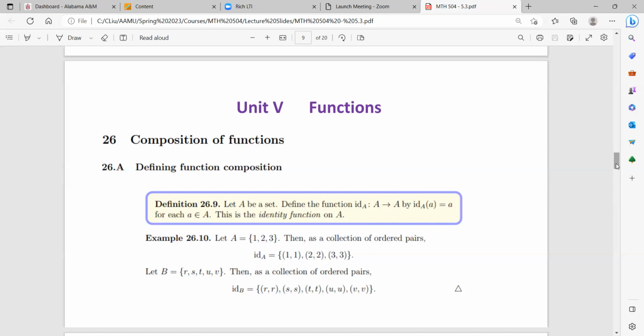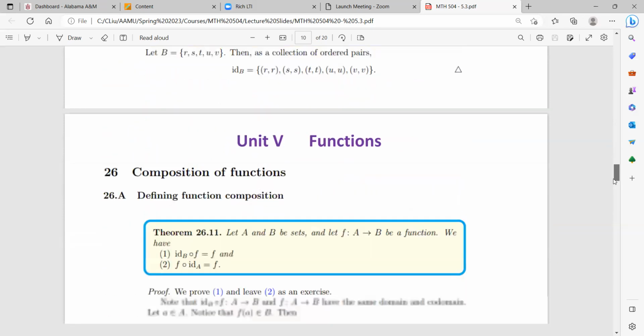And we talk about the permutations, especially.